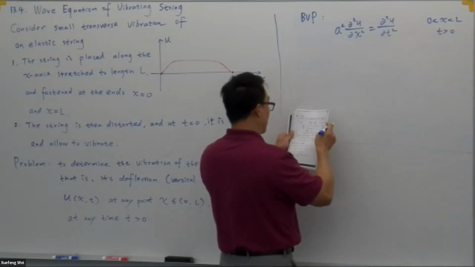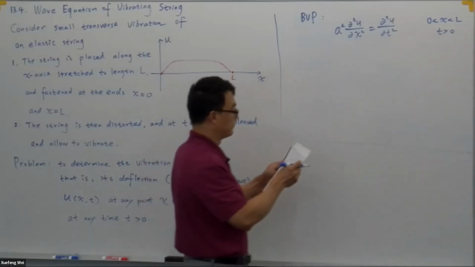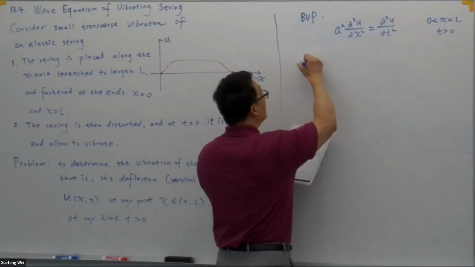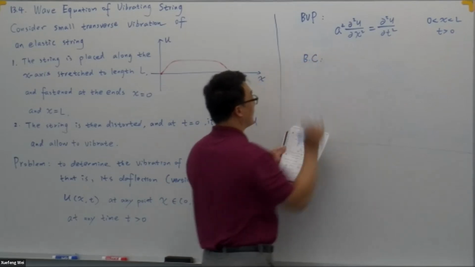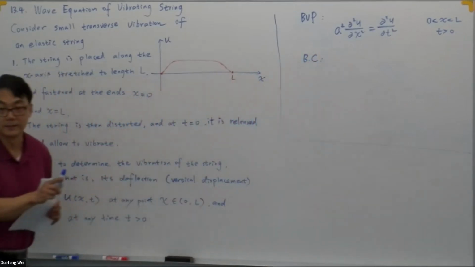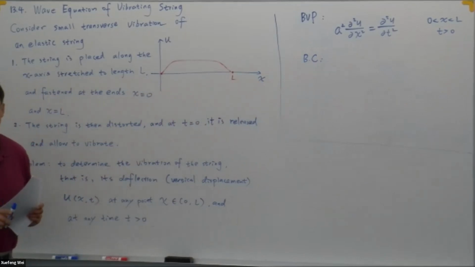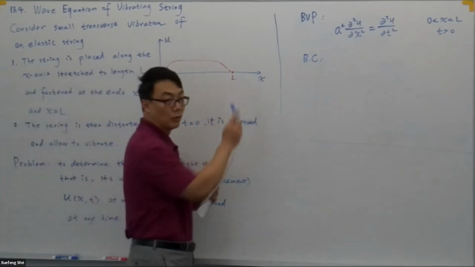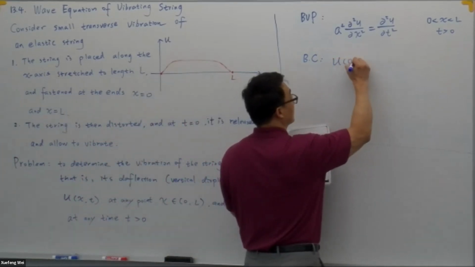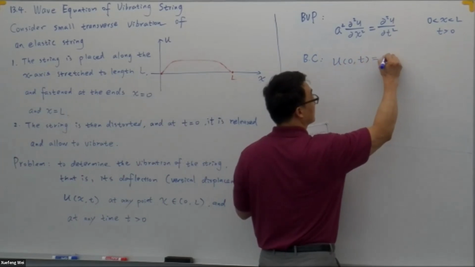Okay, let's look at the boundary conditions. The left end is fixed at zero height, and the right end is also fixed at zero height. So u(0,t) equals 0.